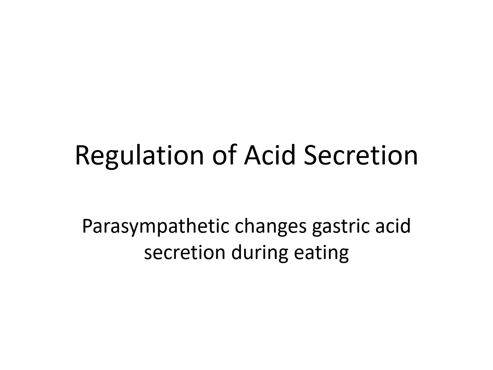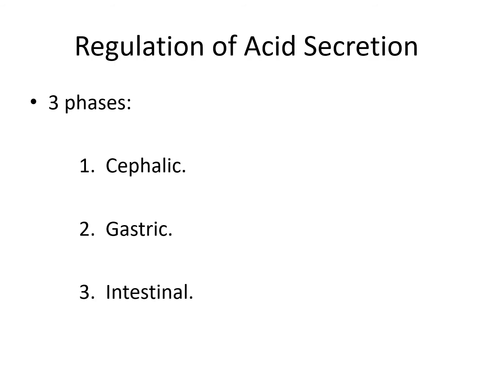Let's look at the regulation of acid secretion. That's another means of control of the digestive system. The parasympathetic nervous system changes gastric acid secretion during eating. There are 3 phases of acid secretion, divided into the cephalic, gastric, and intestinal phases.